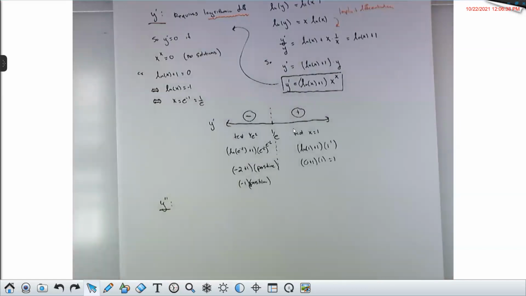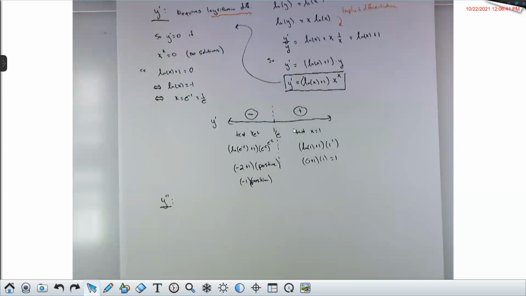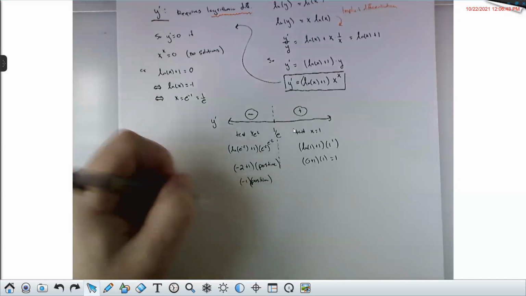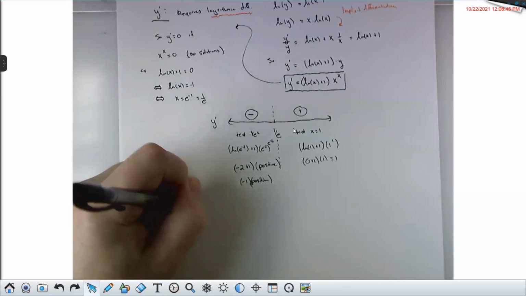We would again, I believe, need to differentiate logarithmically, which is a little bit intimidating here, but let's do it.